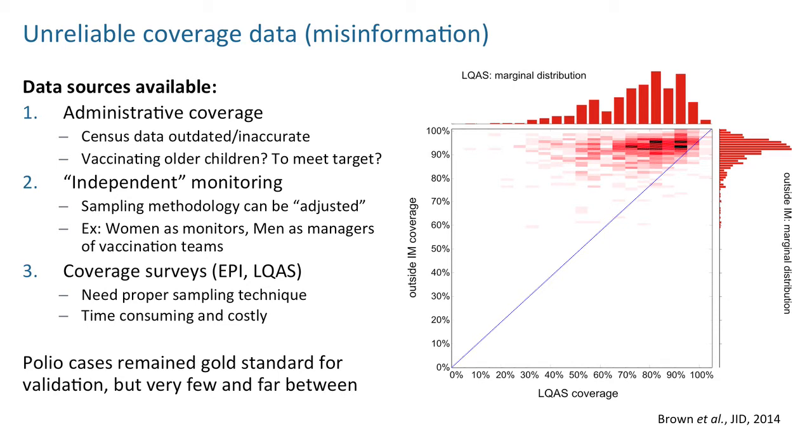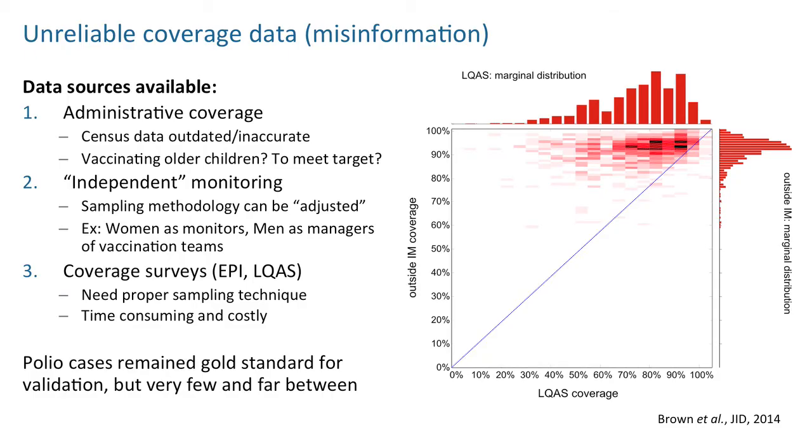But there was an issue. There came to light an issue, which was the places that had most cases somehow seemed to report very good vaccination coverage. So if you have a measure of coverage which is not reliable or misleading, that can prevent you from finding underperformers.